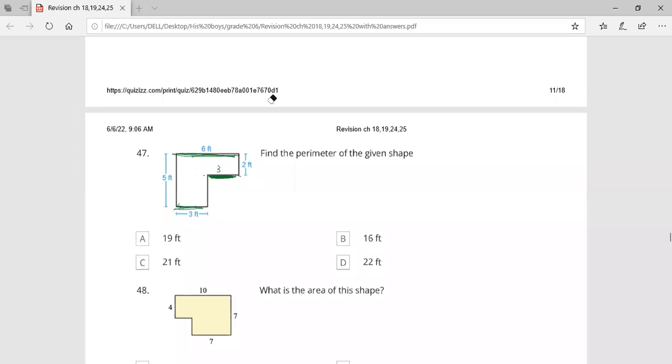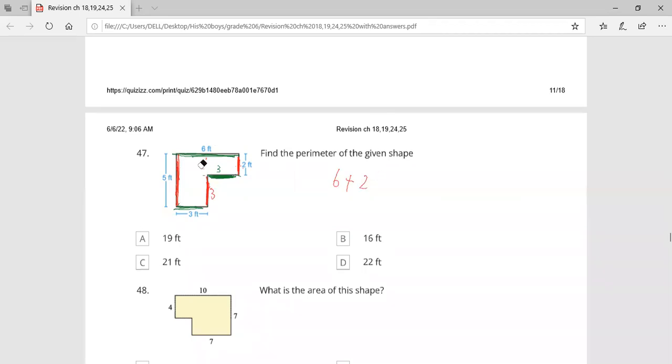The next one, here is how to get it. Here is a 5, and here is 2, and here is the missing side. We can move the 2 here, it's going to equal 5. All of them is 5. 5 cut 2, we get 3. Here we just add 6 plus 2.